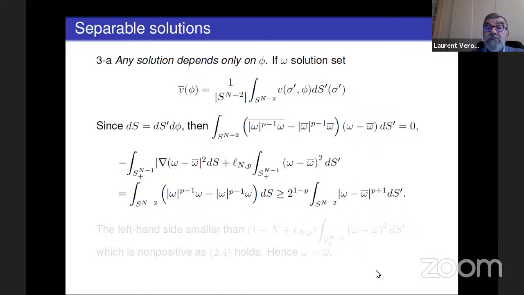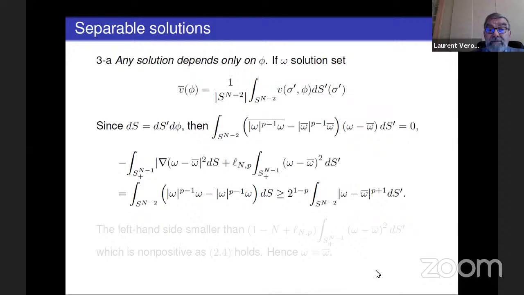Second observation: if I take the integral of the average of omega^{p-1} omega minus omega, the average of omega^{p-1} times omega, multiplied by omega minus the average of omega, this is 0 because the first term does not depend on the integration factor. Now I make the average of the equation, I make the subtraction, and I multiply by omega minus the average of omega, and I integrate.